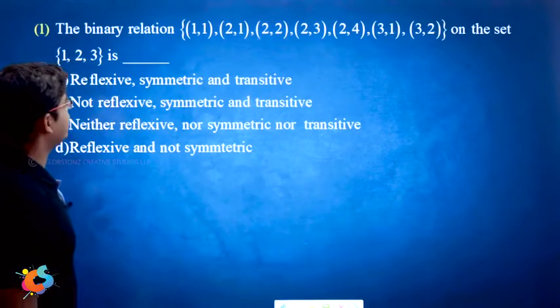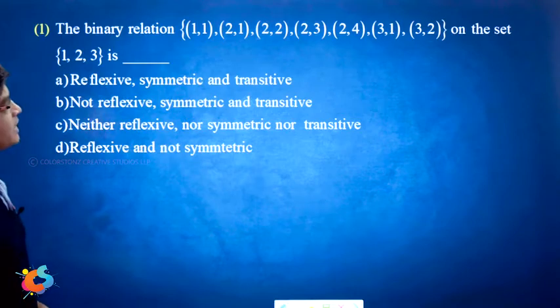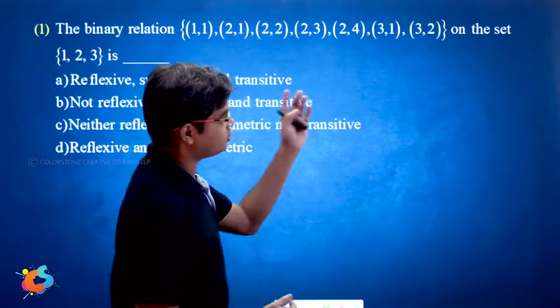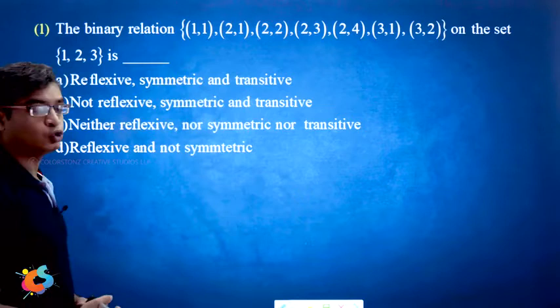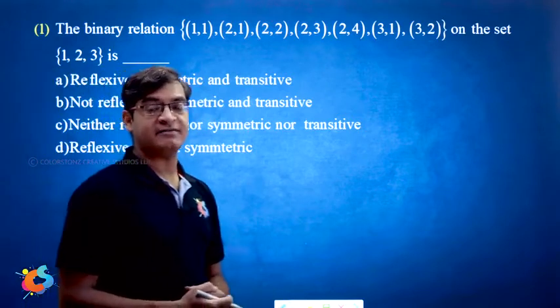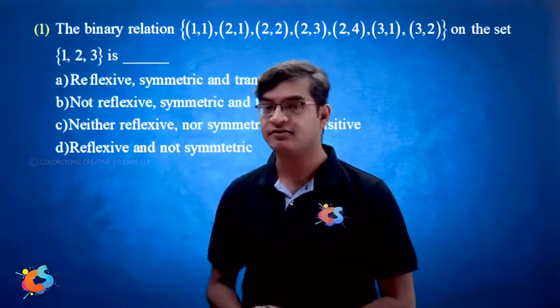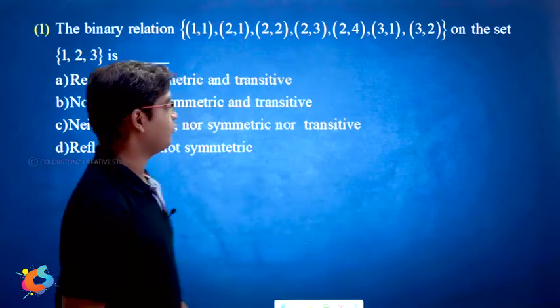The first question is: the binary relation {(1,1), (2,1), (2,2), ...} on the set {1, 2, 3} is, we should say, reflexive, symmetric, transitive or not. Okay, so how do we check it?